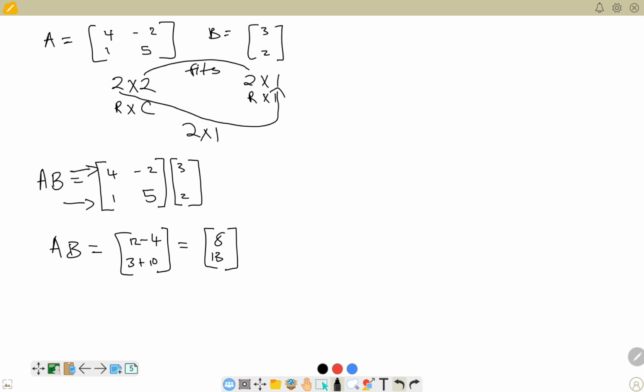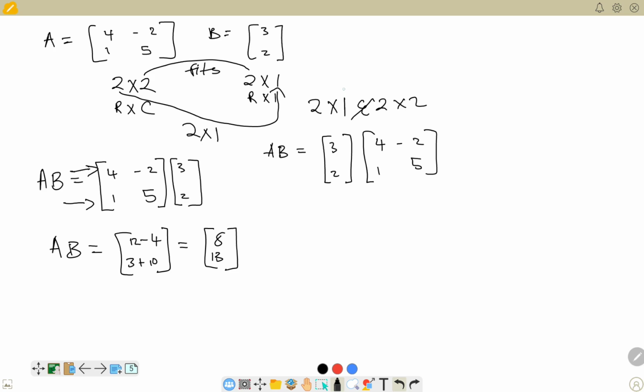So what we need to know is, let's check the value of BA. So if we're having BA, it's going to be 3, 2, then 4 minus 2, 1, 5. So we can see that we have 2 rows and 1 column, and we have 2 by 2.